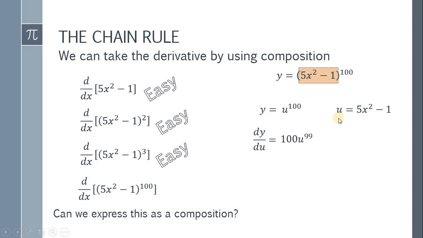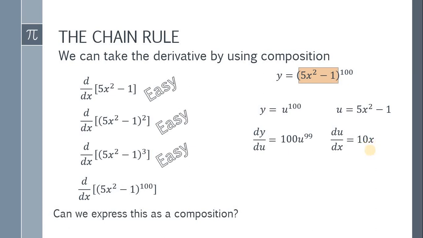Next, kaya mo bang kunin yung derivative ng 5x squared minus 1? Or simply, kaya mo bang kunin yung du over dx? Derivative ng u with respect to variable x. And the answer is very easy. So, 5x squared minus 1, derivative lang yan is just 10x.